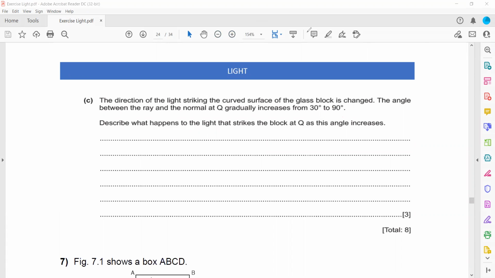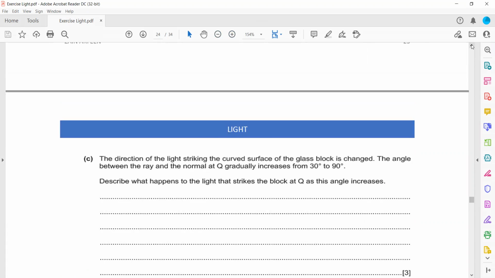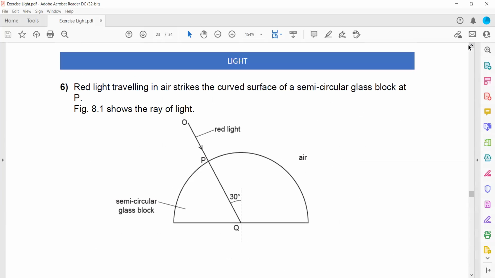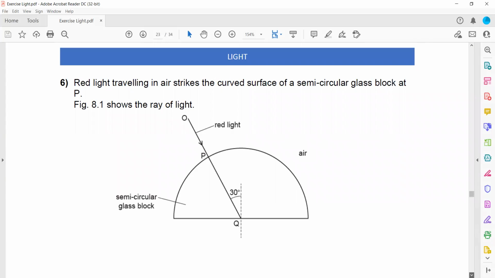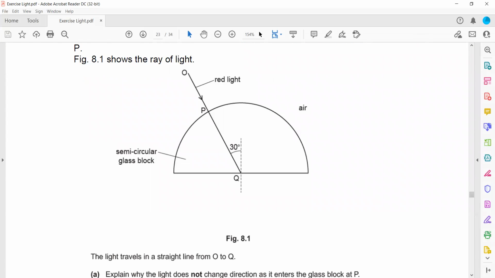So what they're saying is, in the beginning it was 30. When it was 30, some of the light was refracted and some was reflected. So when it was 30, there will be partial reflection and refraction.